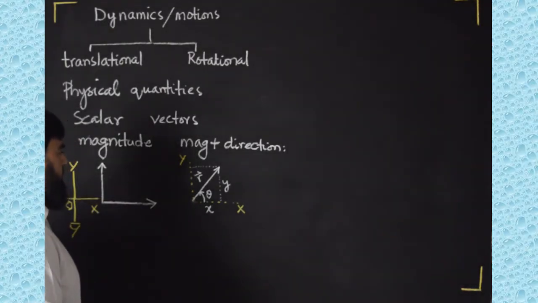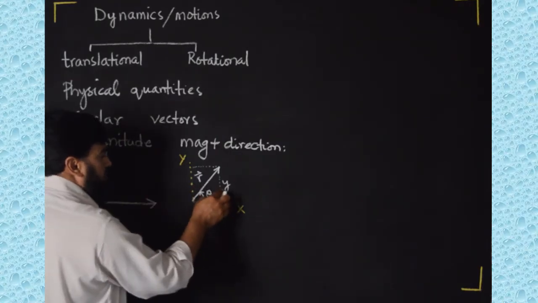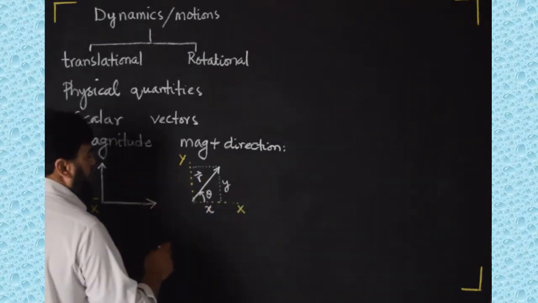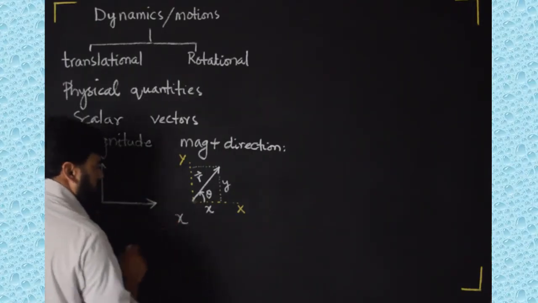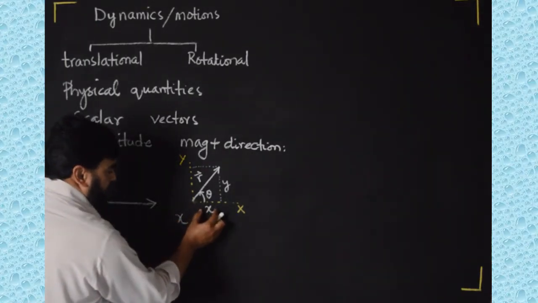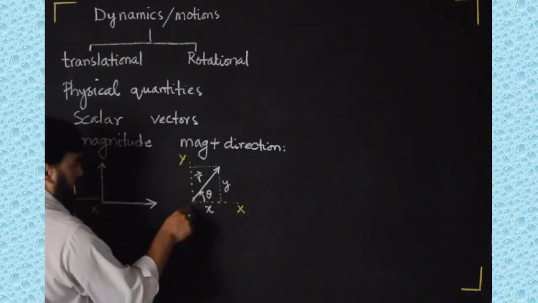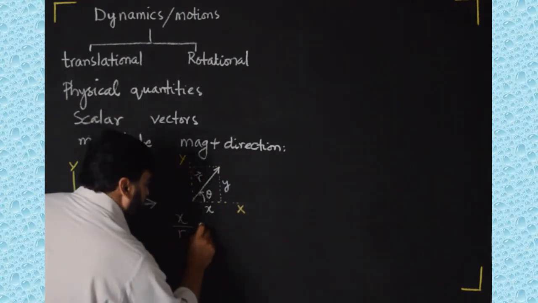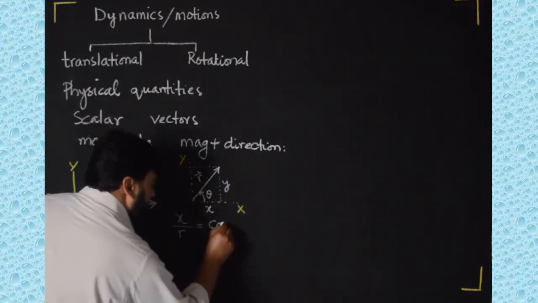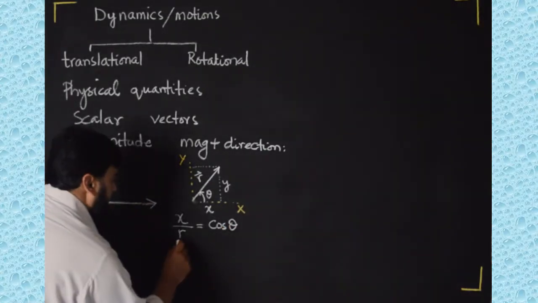And for that we define the ratio of this one with this one and this one with this one. So we define that the ratio of x with r, meaning the base divided by the height part, we will call cosine of theta, which we write as cos theta.